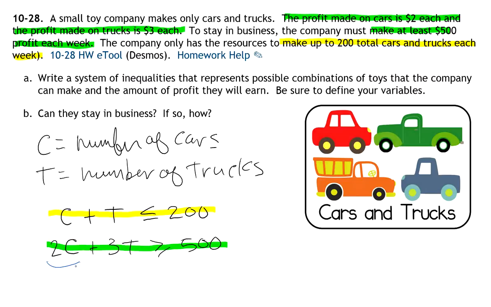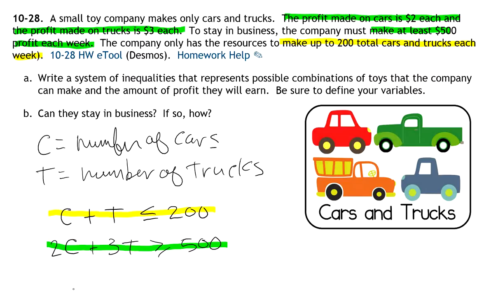And that's not enough money for me to stay in business because it has to be at least $500. So if everything in my production is a car and I have absolutely no trucks, then I would be taking the 200 items, going 200 times $2 per car and getting $400. Well, that doesn't make me profitable.